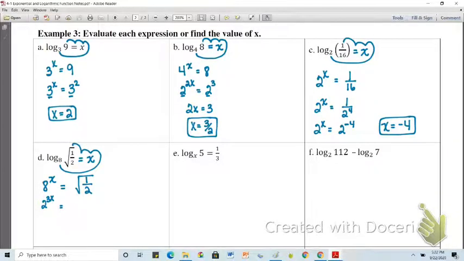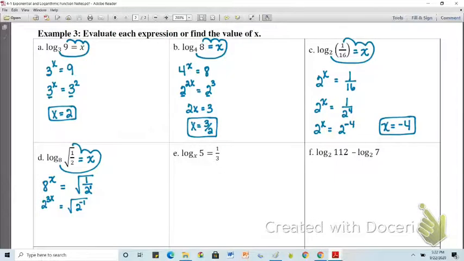1/2, so this has an understood exponent of 1. To move it up to the numerator, I'm going to make it negative, so that means the square root of 2 to the negative 1. But I still need to do something with that square root.